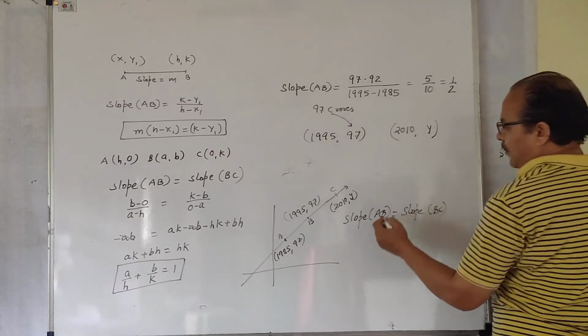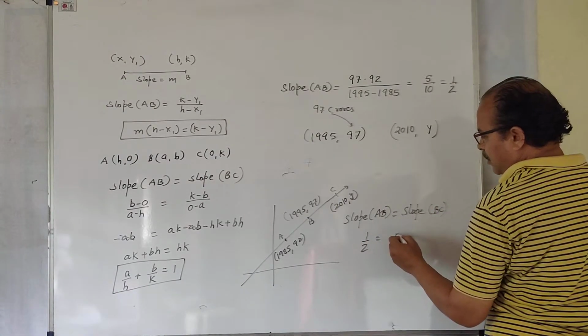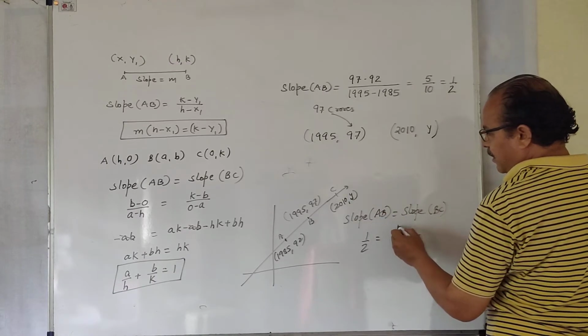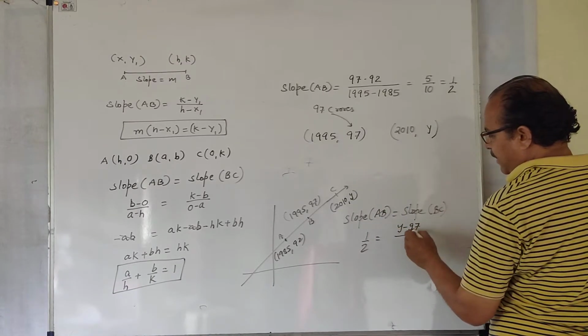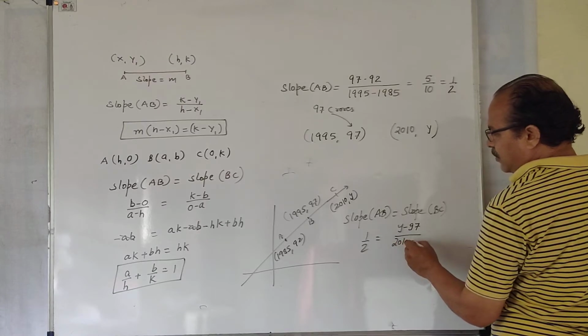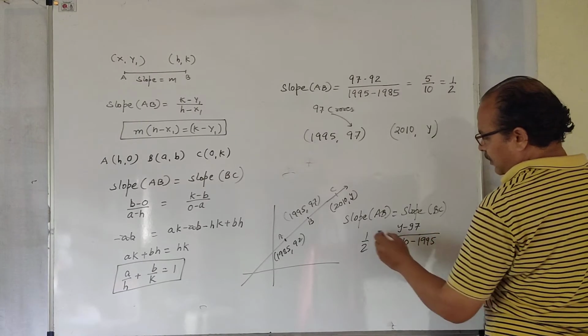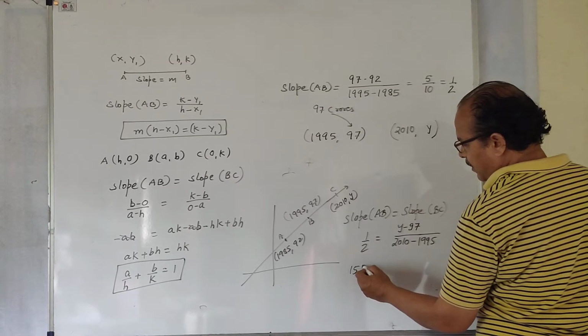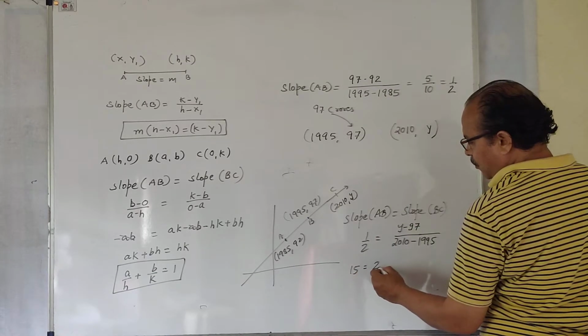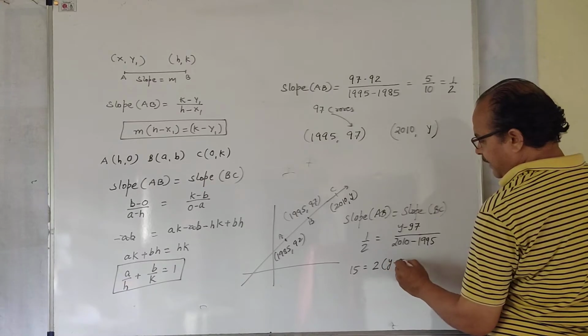We are calculating the slope of AB as 1 upon 2, slope of BC is y minus 97 upon 2010 minus 1995. This will be 15 is equals to 2 into y minus 97.